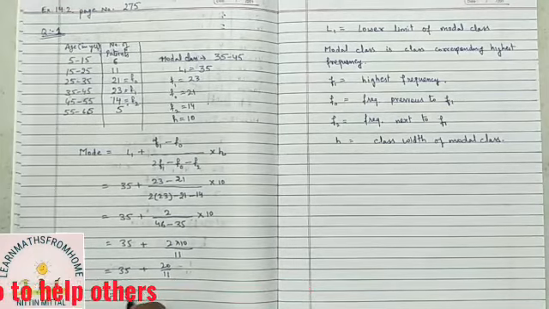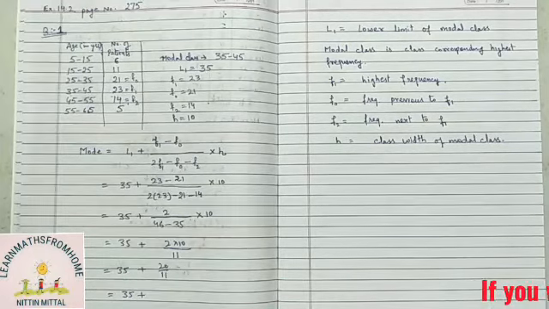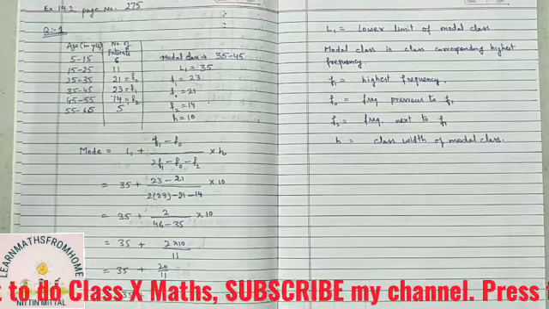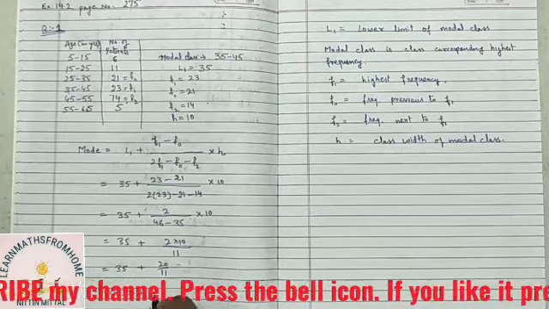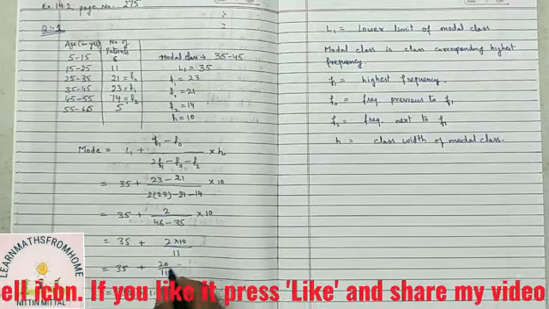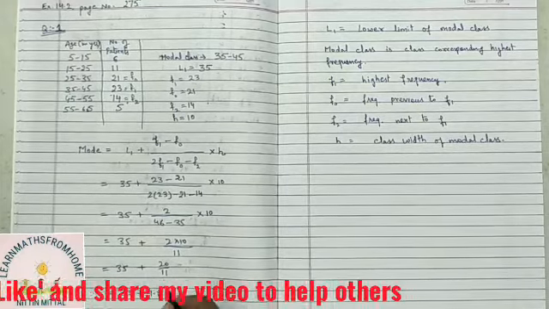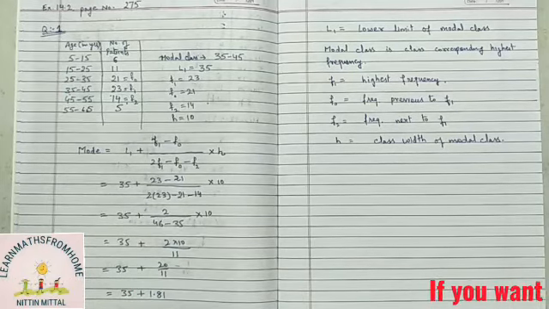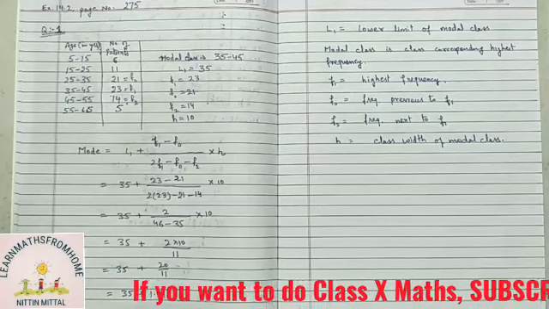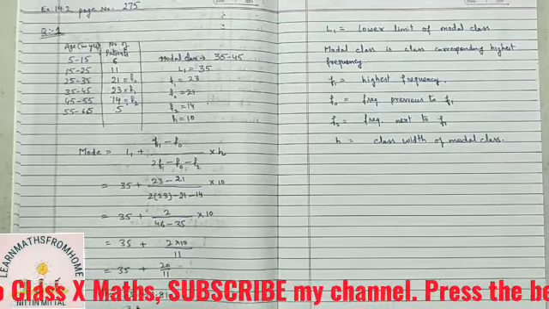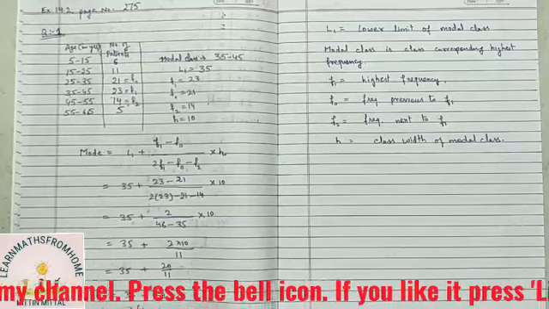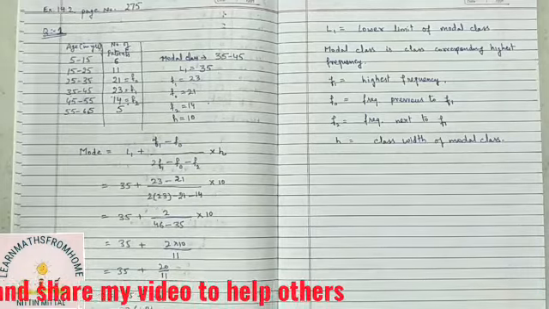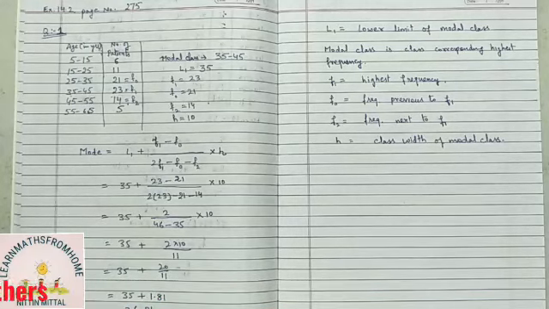No need to take the LCM, you can just convert this fraction into a decimal. Let me divide 20 by 11. 11 ones are 11, remainder 9, 90, 88, 20, 81. We get 36.81 as the mode of the given question. So this is the solution of your question, students.